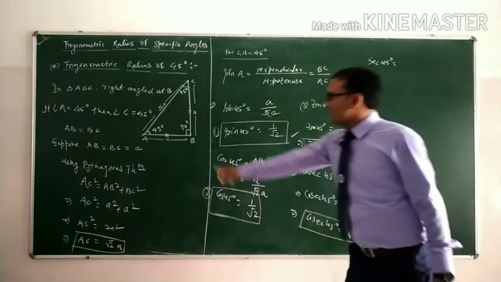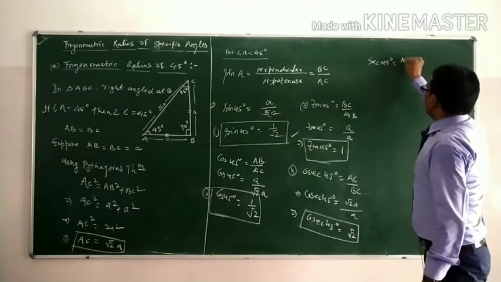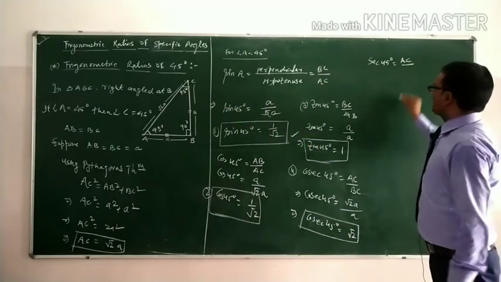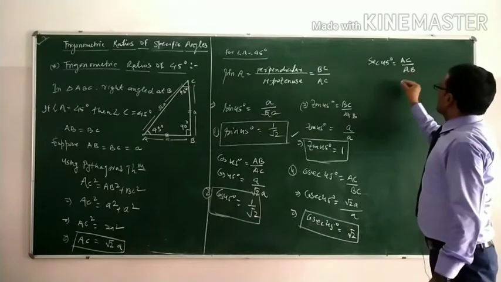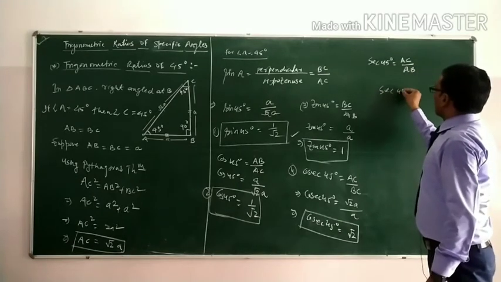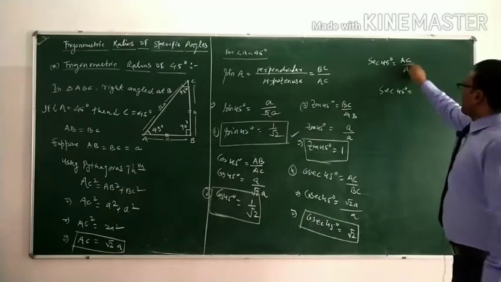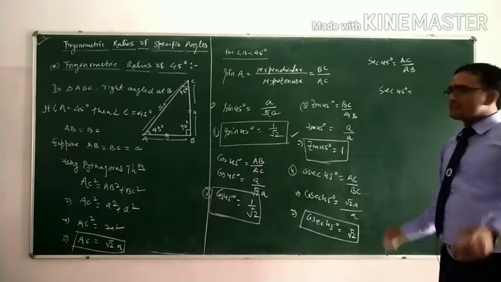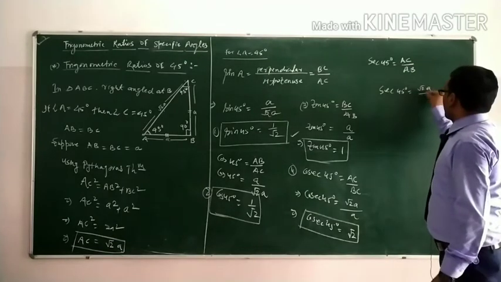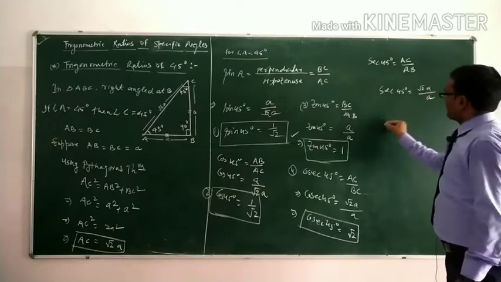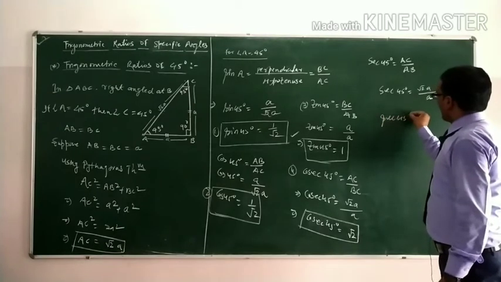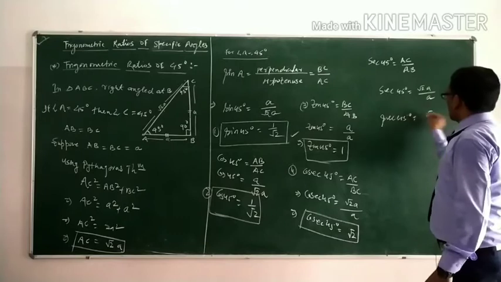Here the hypotenuse is AC and the base is AB. The value of AC is square root 2A and the value of AB is A. Sec 45 degree is square root 2. Okay student.